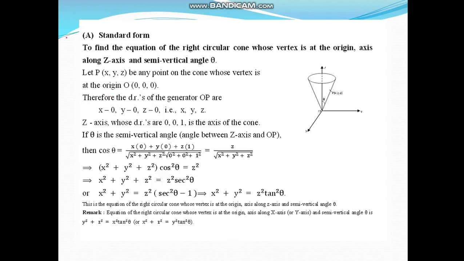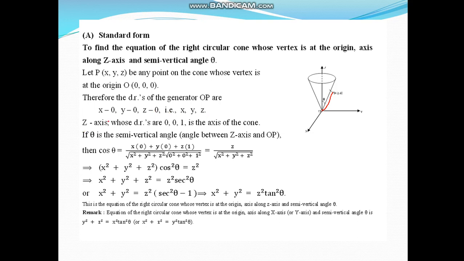Then standard form. To find the equation of right circular cone whose vertex is origin, axis along z axis, and semi-vertical angle theta. So let P(x, y, z) be any point on the cone whose vertex is origin. So DRs of generator OP will be x minus 0, y minus 0, z minus 0, that is x, y, z.